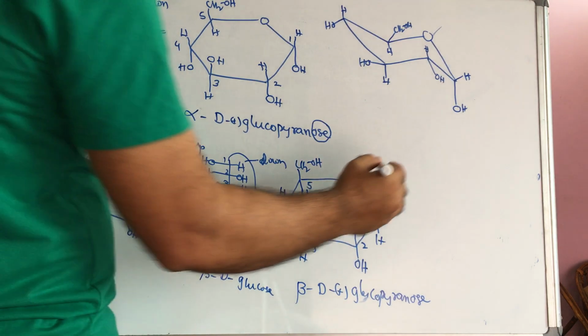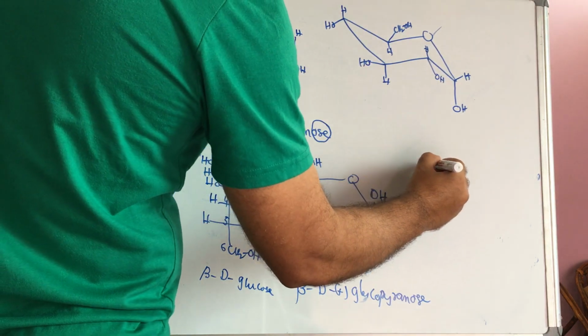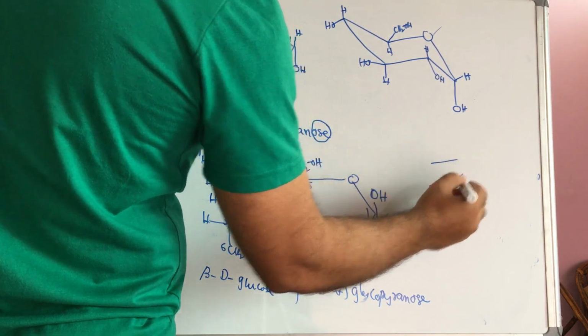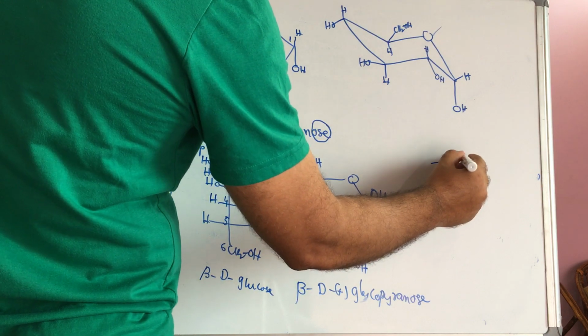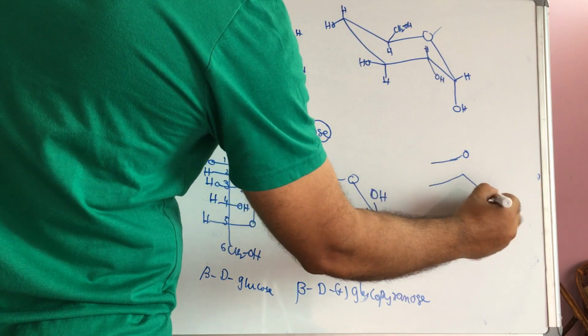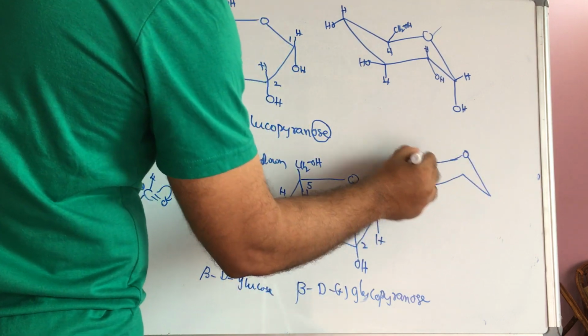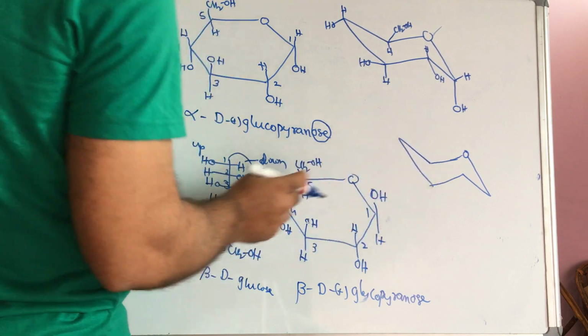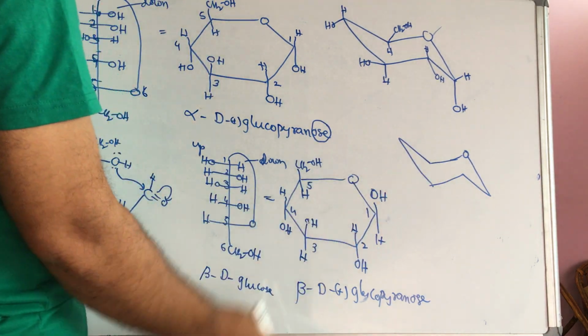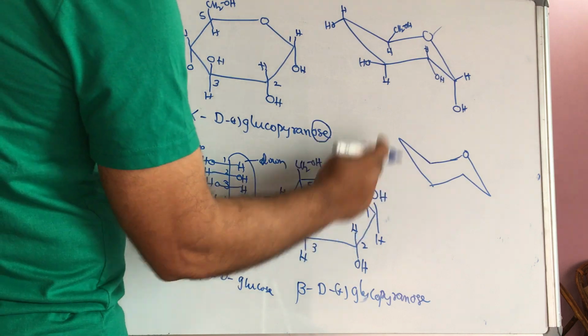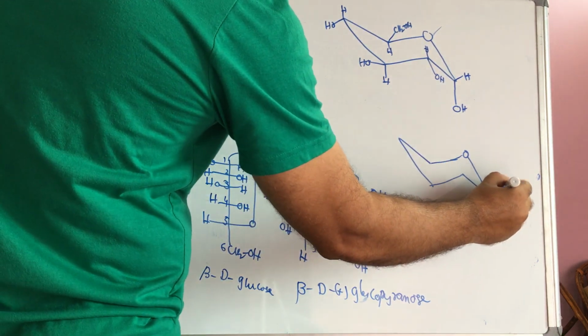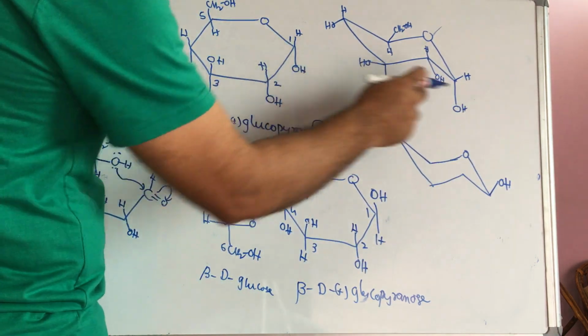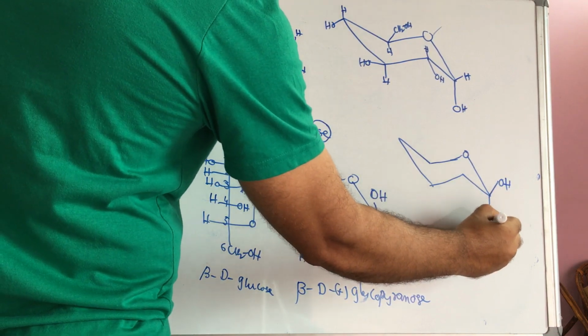If you come to this beta, then we will get beta position OH like up is there, then we can write up only. Here down is there, that's why it is down, and this hydrogen is down.